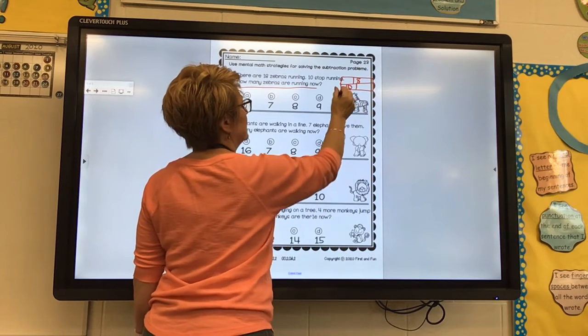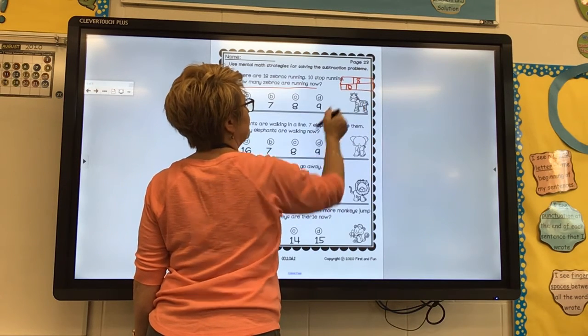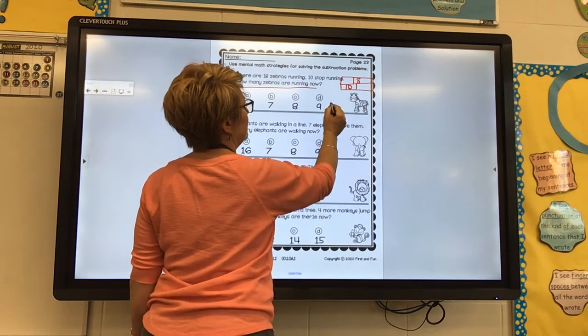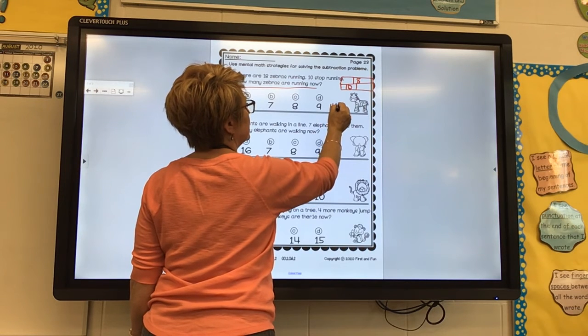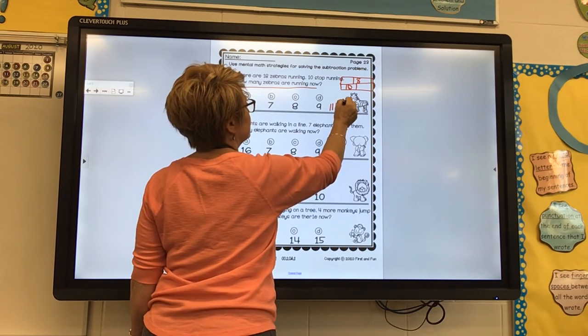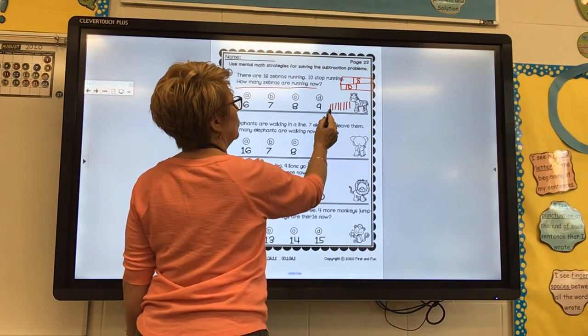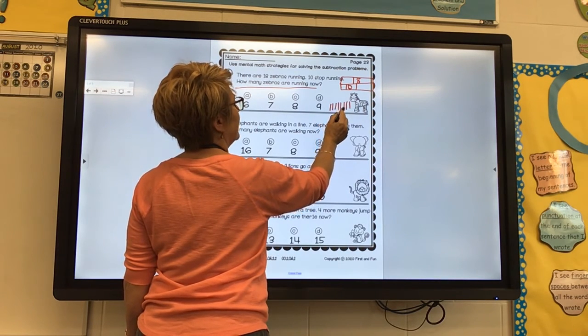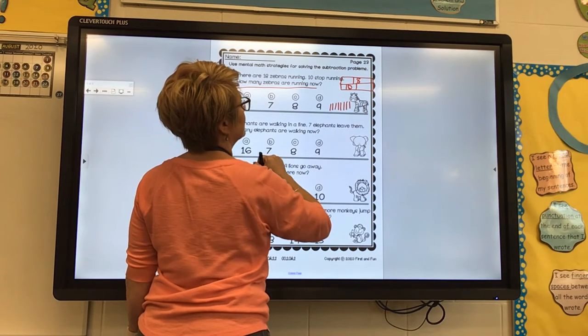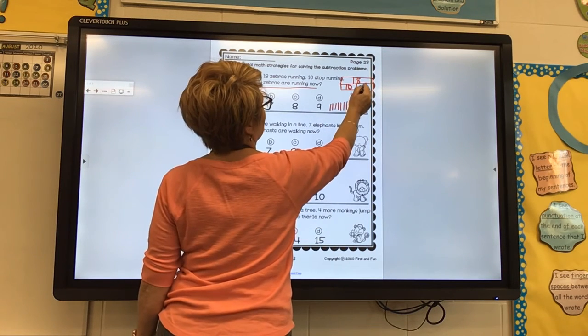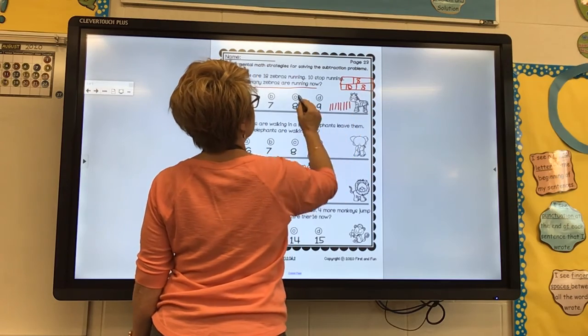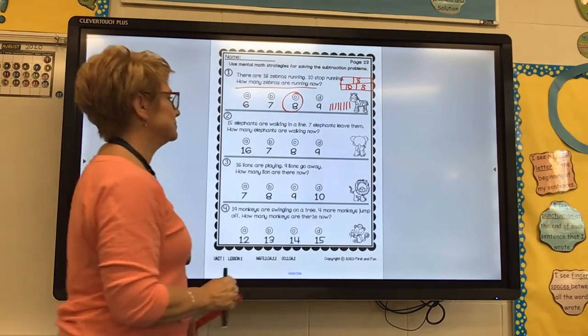I can start at 10 and count up to 18. So 10, 11, 12, 13, 14, 15, 16, 17, 18. Let's count and see how many. 1, 2, 3, 4, 5, 6, 7, 8. There are still 8 zebras running.